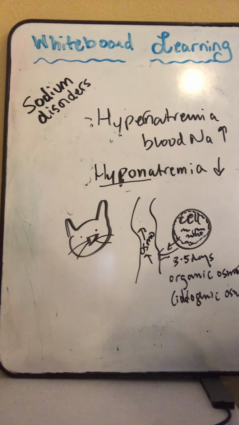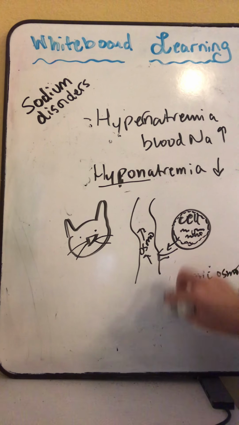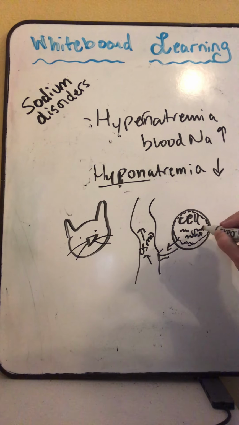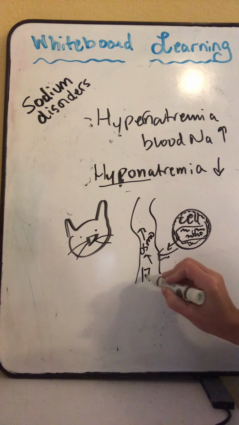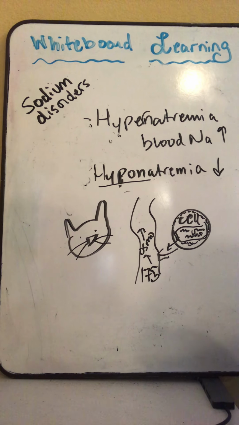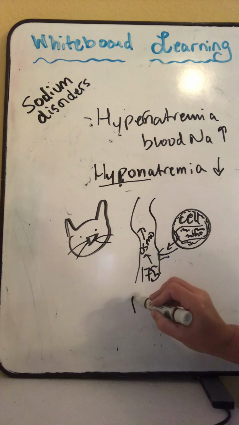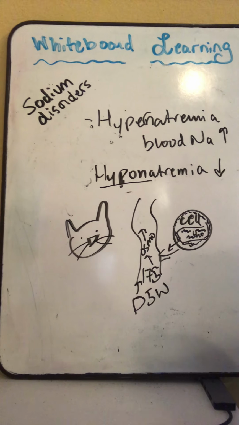What is the problem though is if I chronically become hypernatremic and my body adapts, then I will have these things in. So if a doctor comes along and says, oh my goodness, that cat's sodium is 175, let's give it D5W, and give that as its main fluid, I got to get that sodium down.